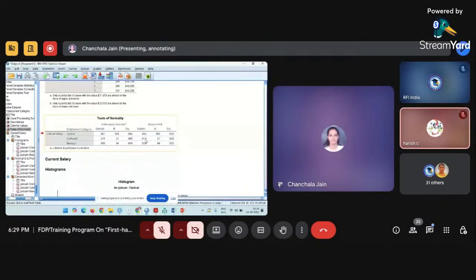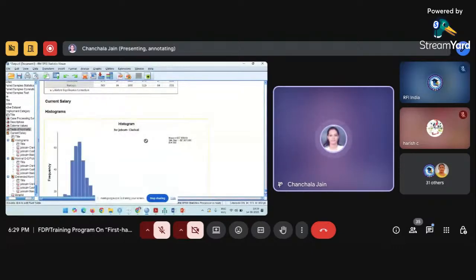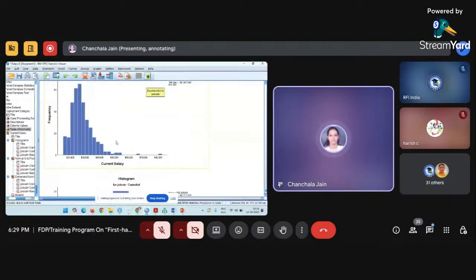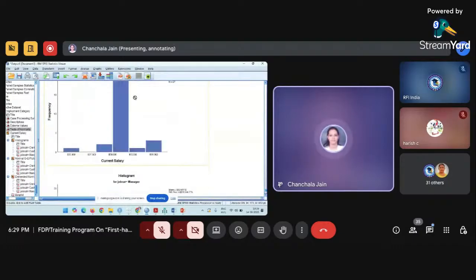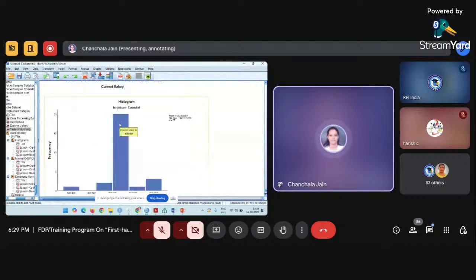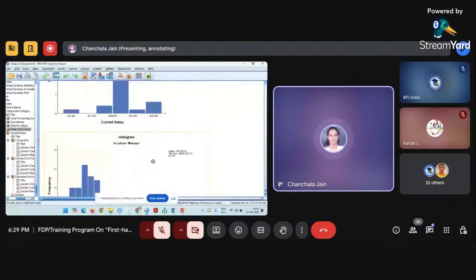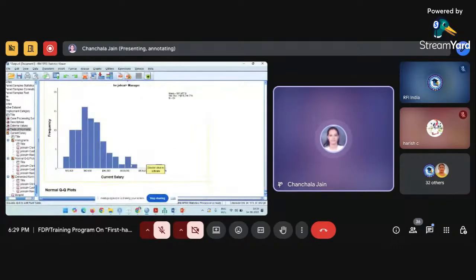Proceed, ma'am. Now, going down, the histogram: you can see this is positively skewed salary for the clerical staff. It is a little difficult to comment on the histogram for the normality of the custodial staff, as we have less data available. That is why these bars are not coming properly. For the managerial staff, again it is positively skewed.